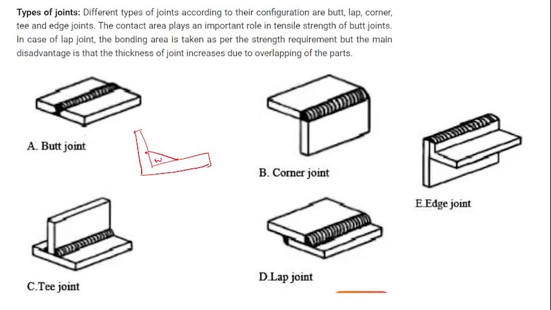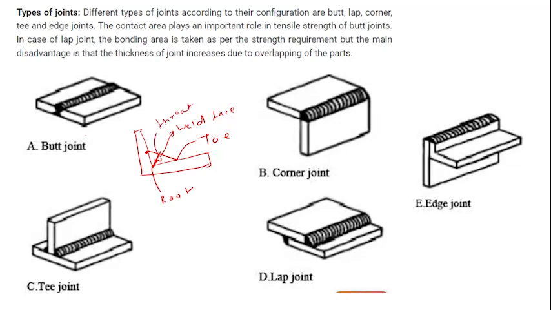The tip of this weld in the fillet joint is called the toe. This face is called the weld face, and the shortest distance between these is called the root, and the shortest distance between the root and weld face is called the throat.